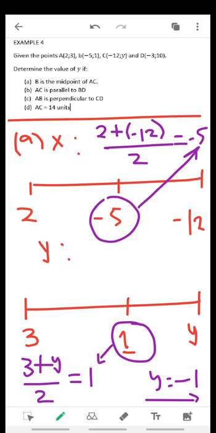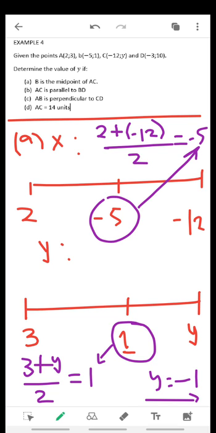But how did we get minus 5? Let's check. We said the x value of A plus the x value of C, which is 2 plus minus 12, divided by 2. Why 2? Because from 2 to minus 5 and from minus 5 to minus 12, those are 2 segments. So divided by 2 is equal to, what did you get as an answer?